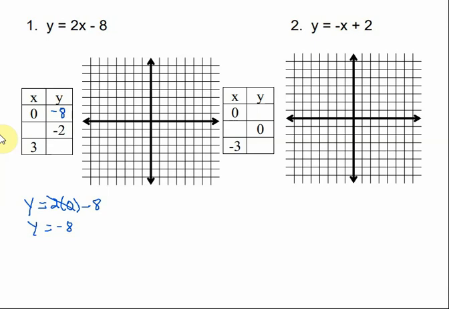For the next point, they want us to plug in -2 for y. Okay, so if I plug in -2 for y and solve this, I want to get the x by itself, so I'm going to add 8 to both sides of the equation. All right, and then I get 6 is equal to 2x, divide by 2, and I get 3 for x.